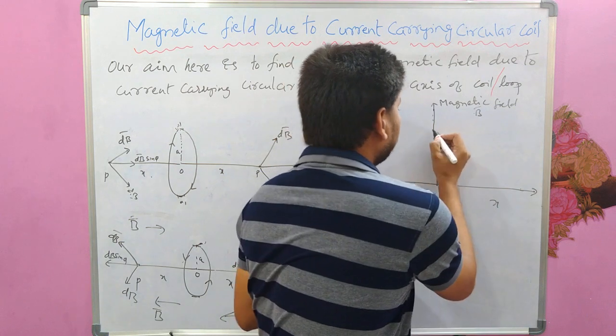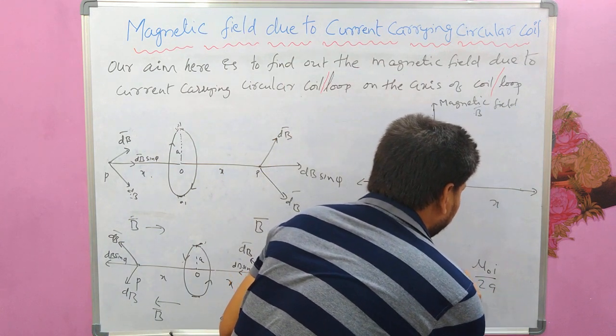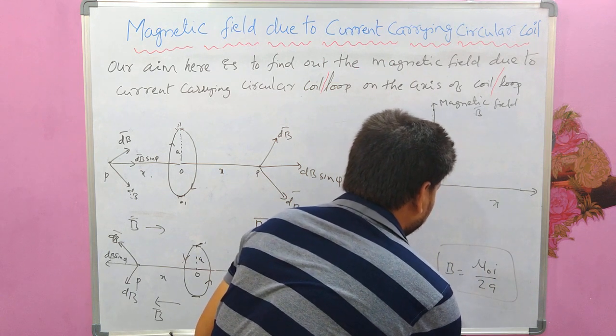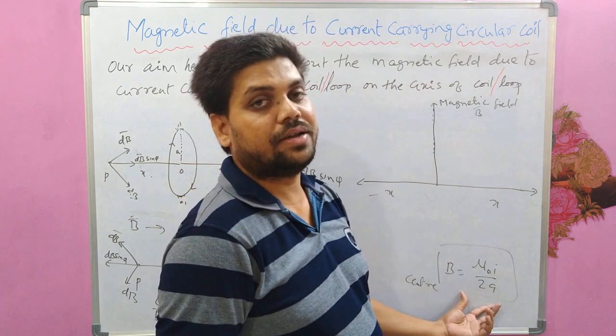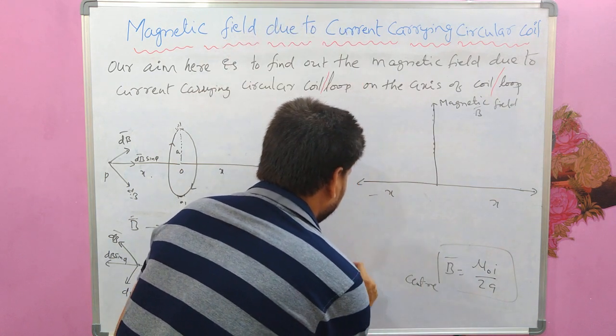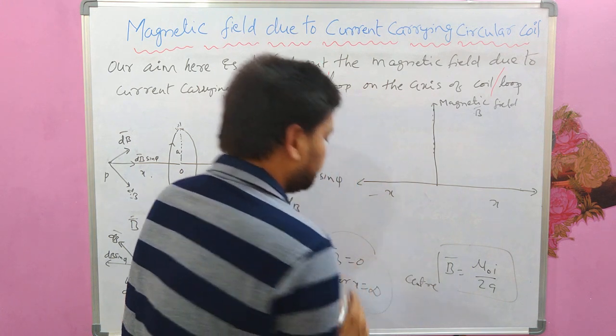Now at the center, it is mu naught I by 2A, which is the maximum magnetic field, and B equals 0 for x equal to infinity. This we have already seen.